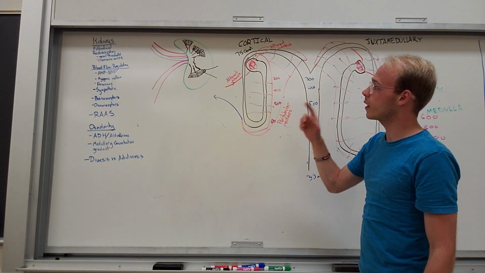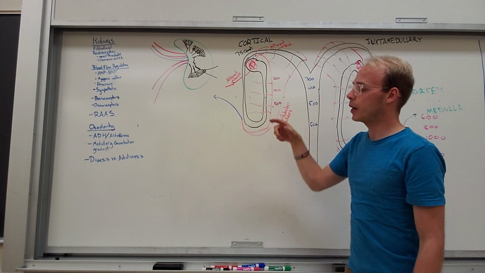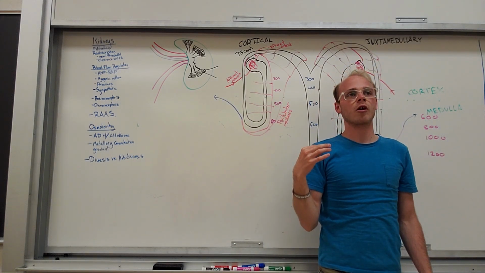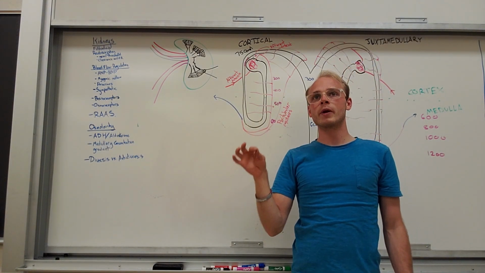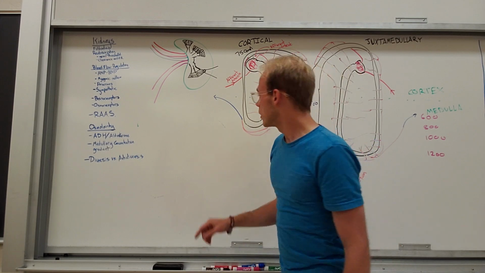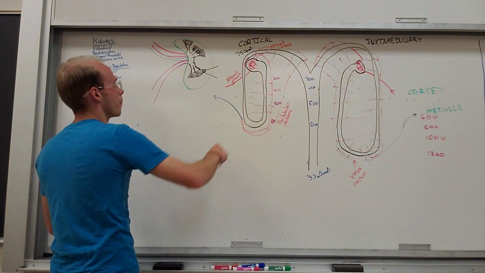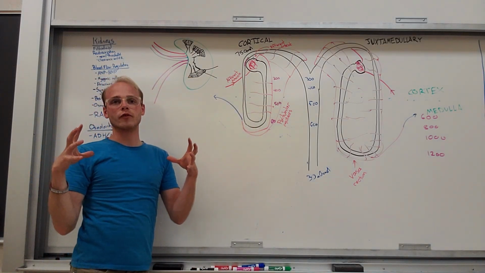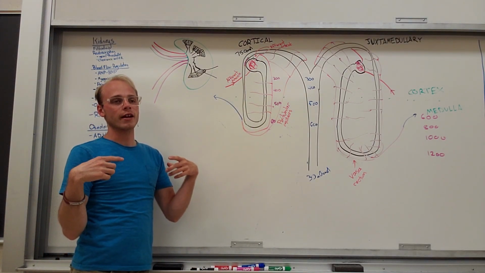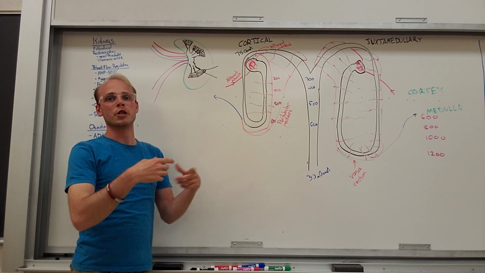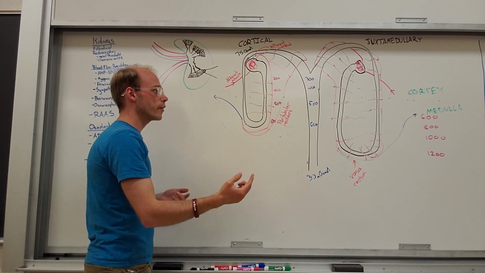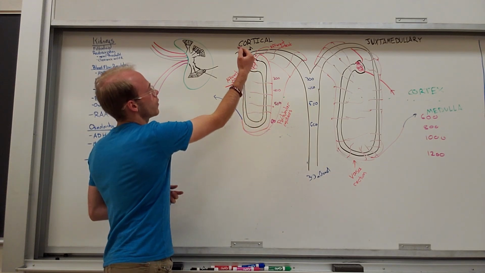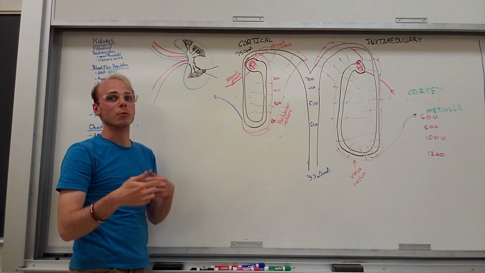We have paracrine. This covers what we call our tubuloglomerular feedback. That goes to our macula densa cells. When you have high pressure, you're going to end up getting a high filtration rate. If we have a high filtration rate, that means you're going to get more sodium chloride.